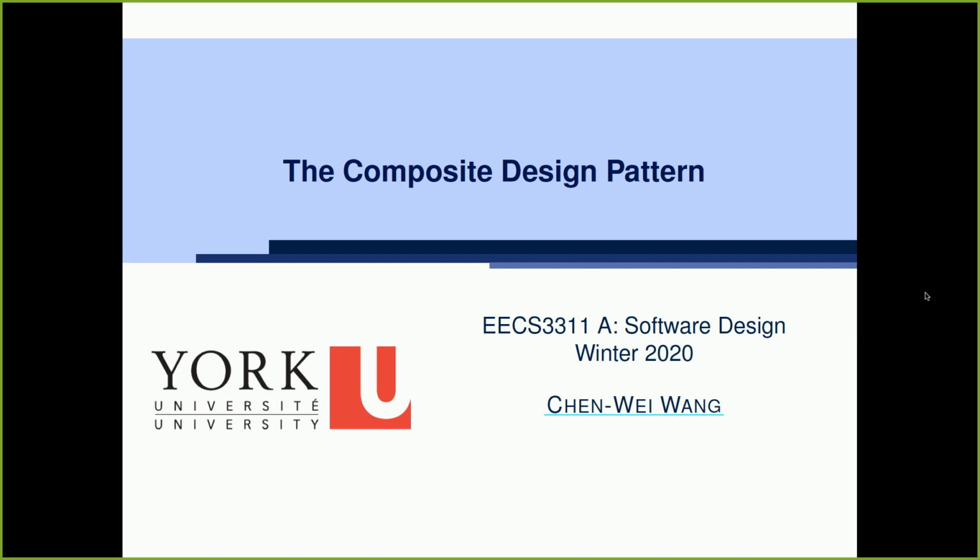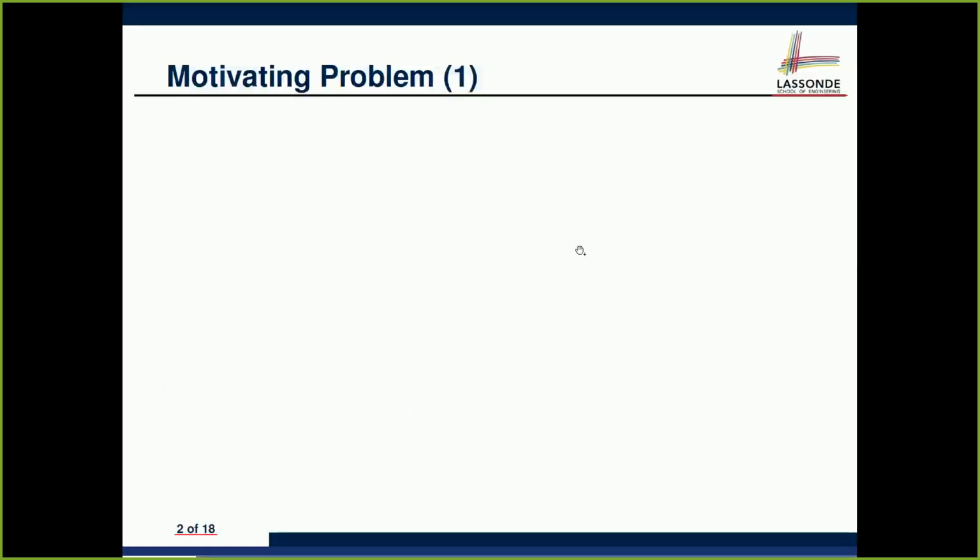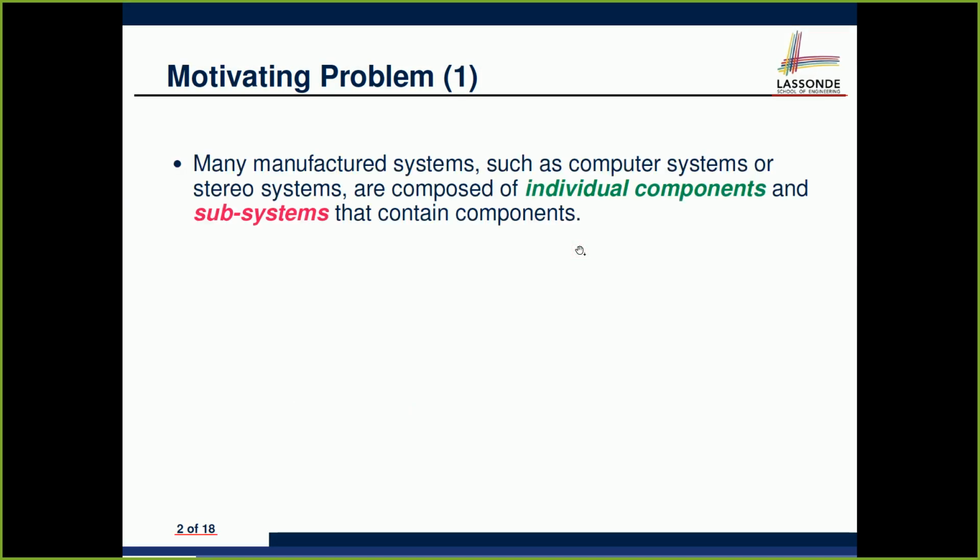Let's again talk about the motivating problem for the design pattern. Let me read it to you. There are many manufactured systems such as computer systems or stereo systems. For example, if you go to Canada Computers, they sell hardware. You can assemble the hardware yourself for your computer, or you can order things online. But we'll talk about individual components.